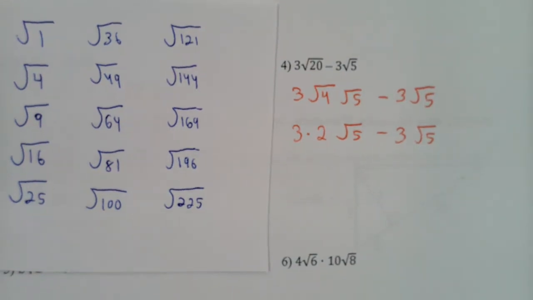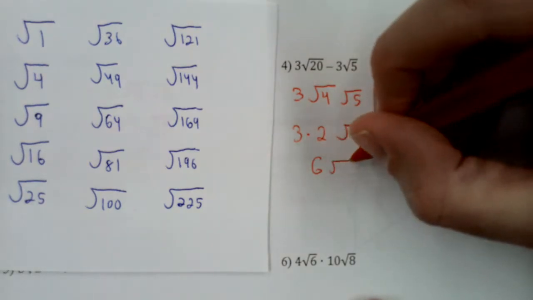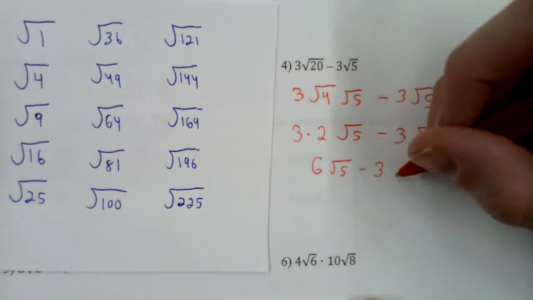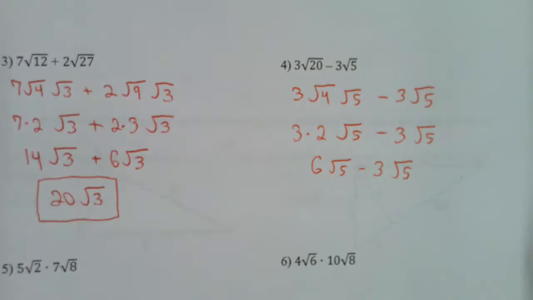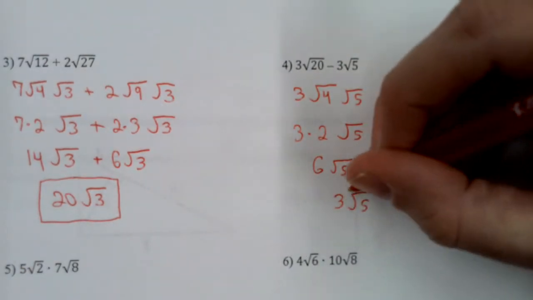Let's make the first term 3 times 2 is 6 square root of 5. And so just like if you did 6x minus 3x, we're going to do 6 square root of 5 minus 3 square root of 5 to get the final answer as 3 square root of 5.